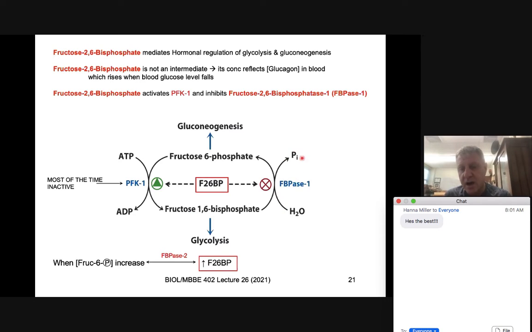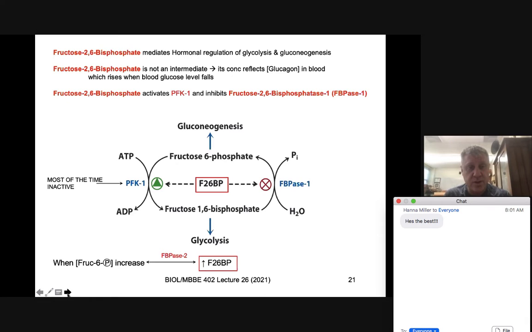This one is hydrolyzing the phosphate in the carbon number 1 position on the fructose to give us the fructose 6-phosphate.